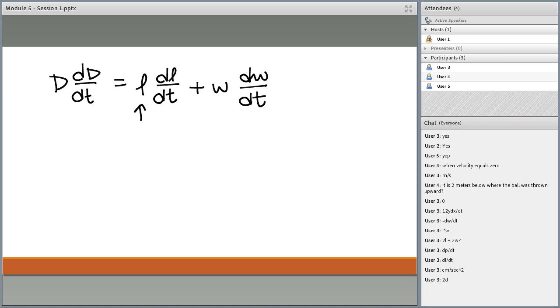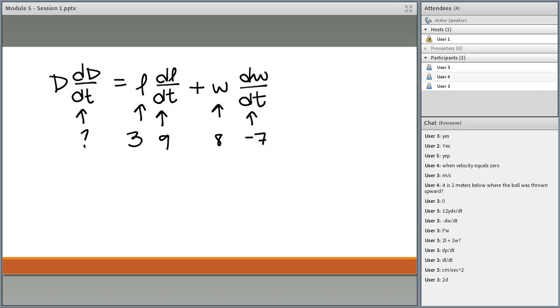I know that L is 3. I know dL/dt is 9. I know W is 8. And I know dW/dt is -7, just writing all of the info that I know. I know this is what I'm trying to find, dd/dt, so that's a question mark. That's what I'm trying to find.